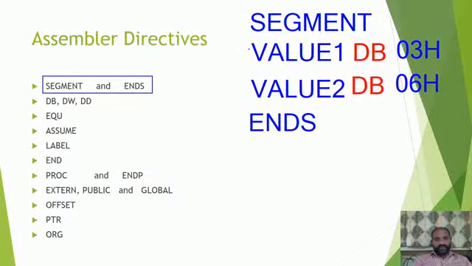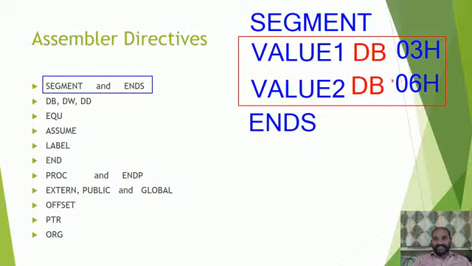Here these are the two variables, and these two variables are made as one block. Whatever variables are going to be used in our program, I'm declaring them at one point.